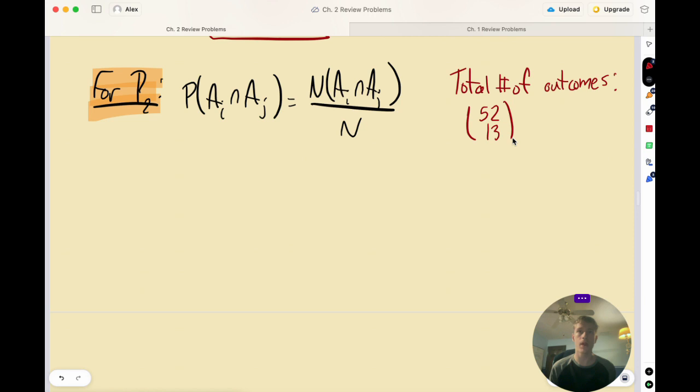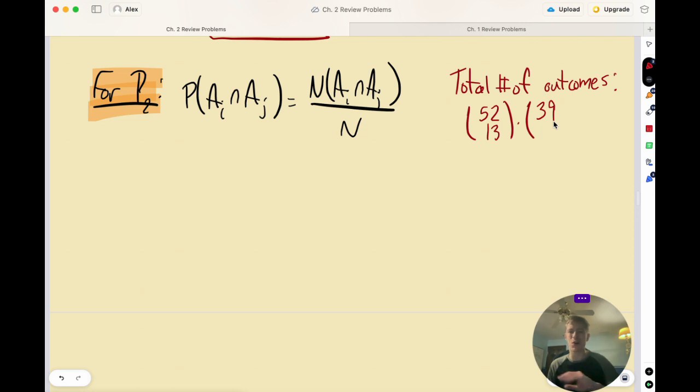But then however many ways that can occur, after one suit is dealt, right? We're assuming one suit has to be dealt for a sub i and a sub j to occur. So after this happens, how many cards are left over? Well, if you have 52 total cards and 13 of them already belong to one of the players, then you're going to have 39 total cards to choose from.